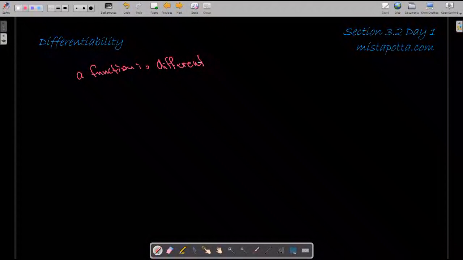Basically, a function is differentiable if it has a derivative.